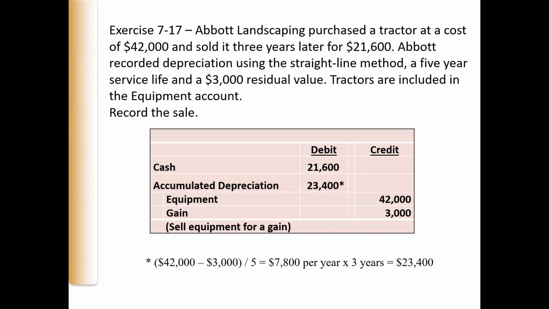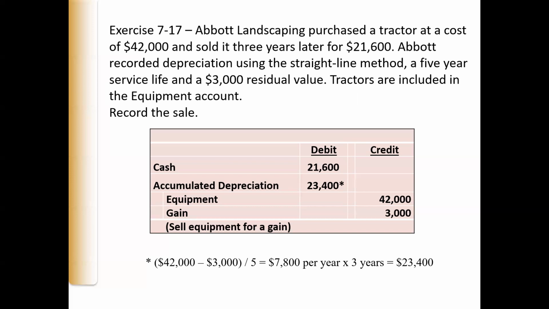And we know we had a residual value of 3,000. The cost was 42, so the 42 minus the 3 is the 39,000. If we divide that by 5 years, we figure out how much we were depreciating a year, and we depreciated it for 3 years.